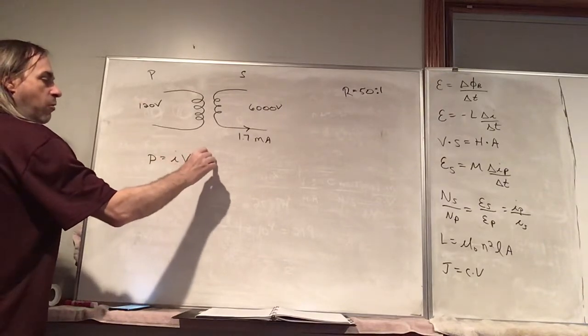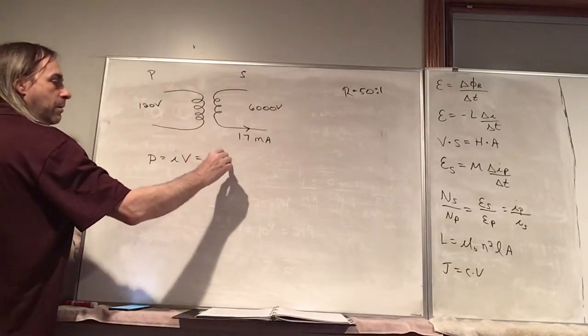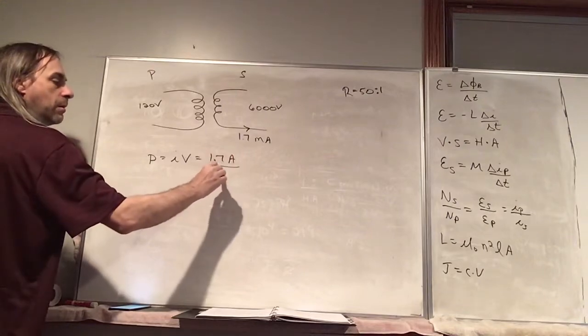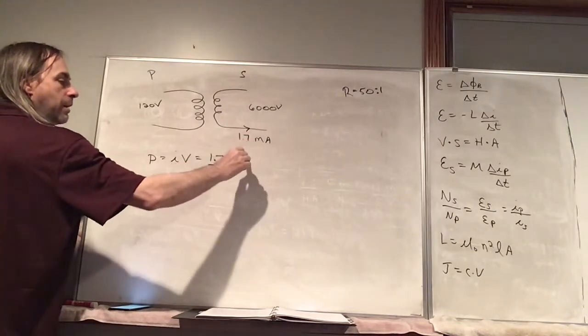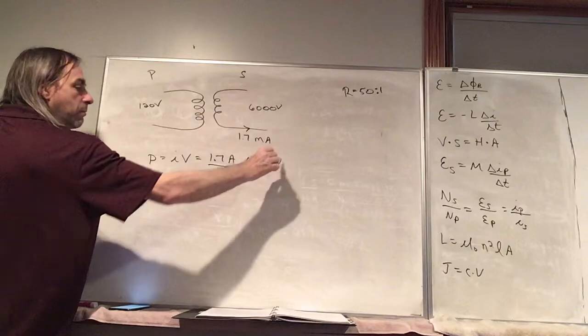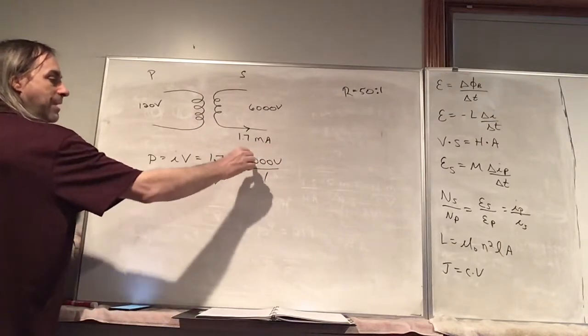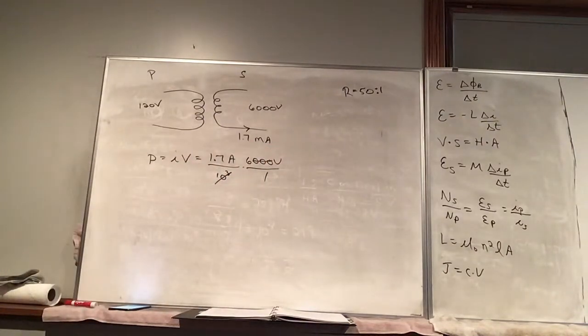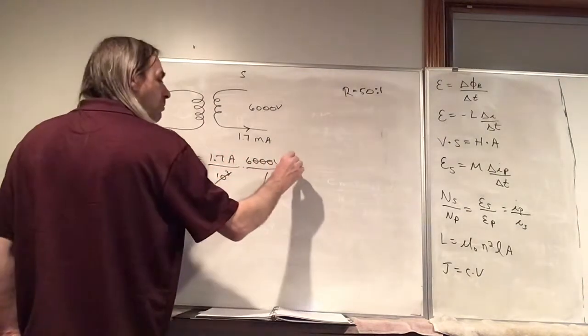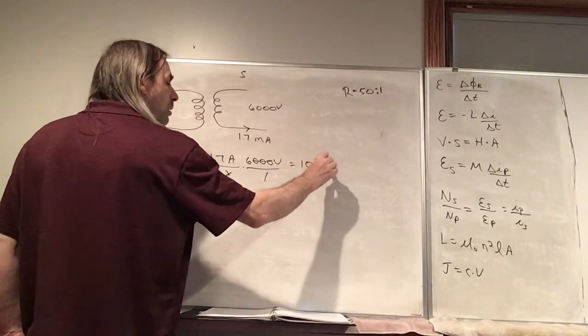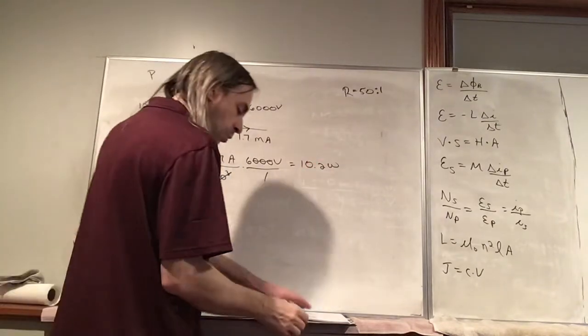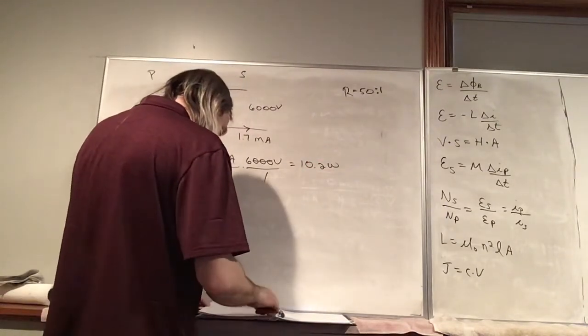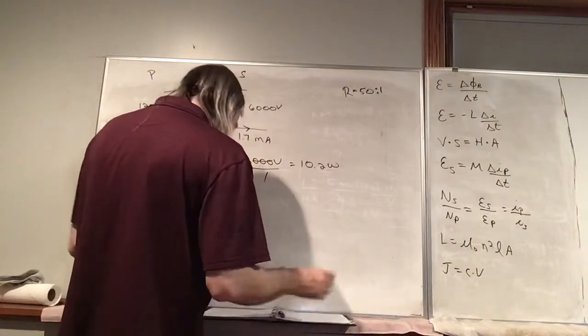So we'd have 1.7 milliamps times the voltage. So with the 1,000, we have 1.7 times 6. So that would be 10.2. And an amp times a volt is a watt. So let me just check. Yeah, 10.2 watts.